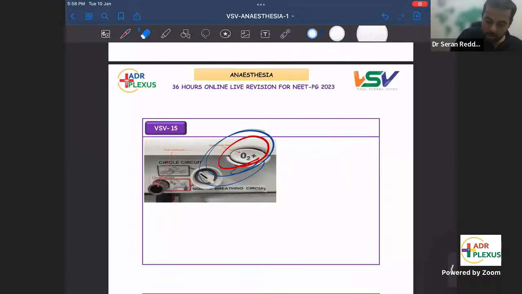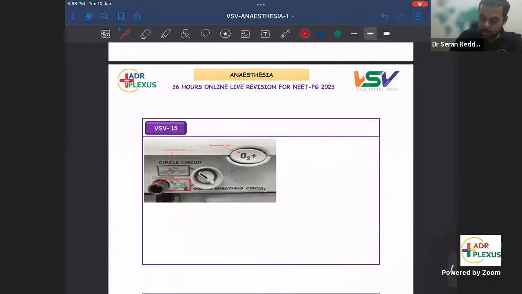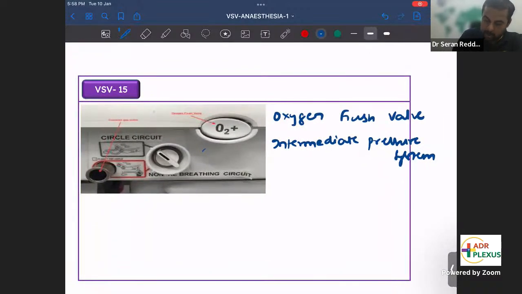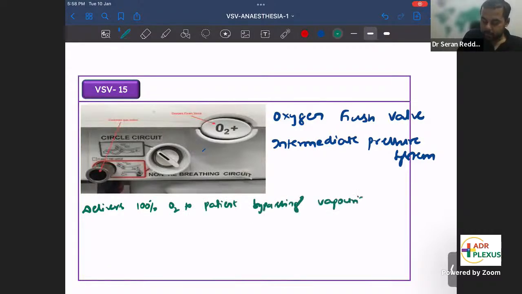This is the oxygen flush valve. It belongs to the intermediate pressure system. It delivers 100% oxygen to the patient, bypassing vaporizers. The advantage is that it is used in hypoxic emergencies.